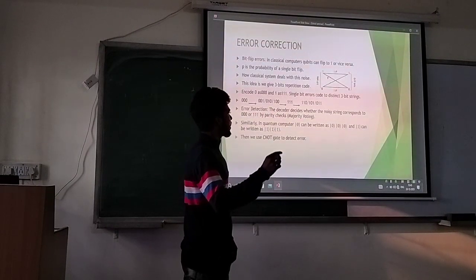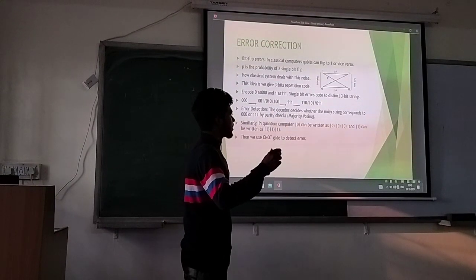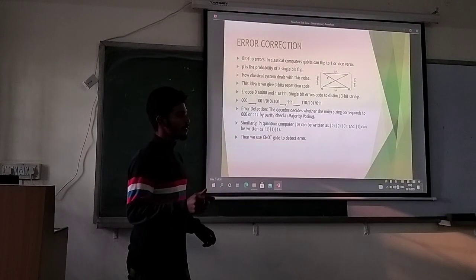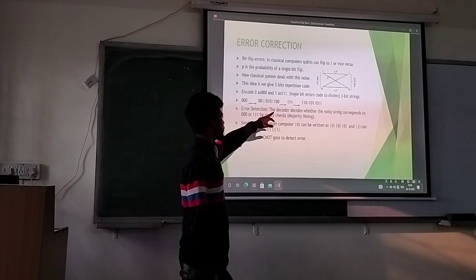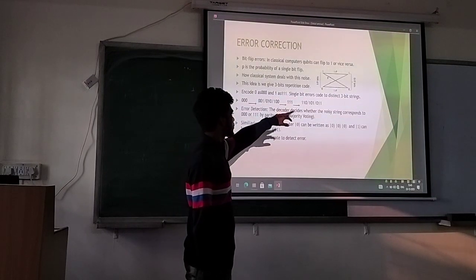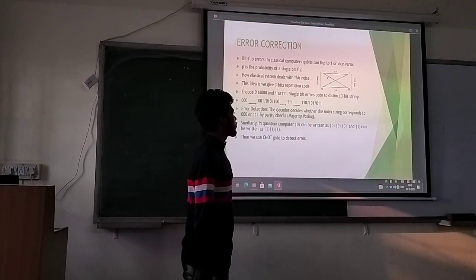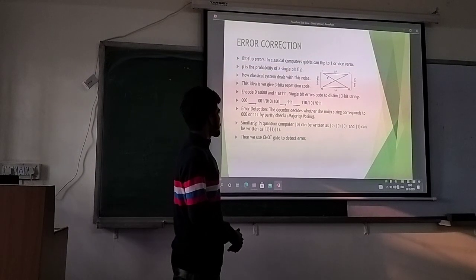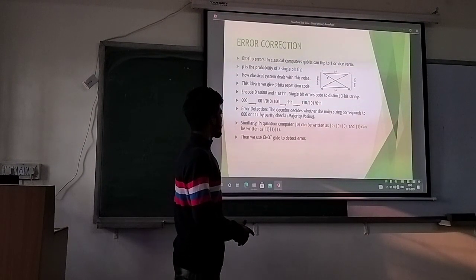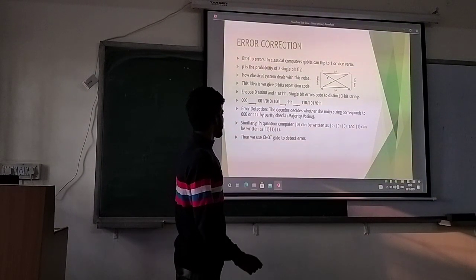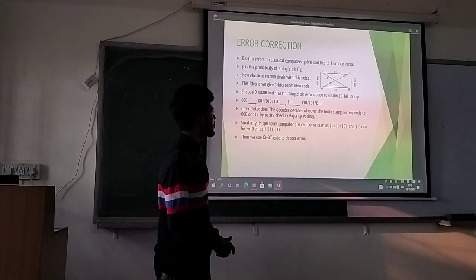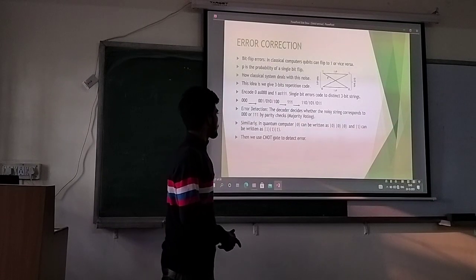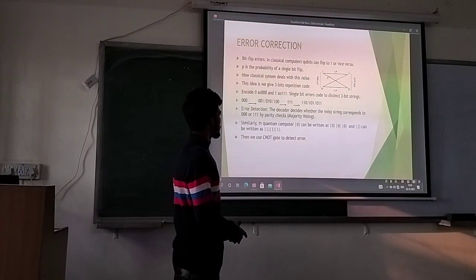If a single bit flips, 000 becomes 001 or 010 or 100. Similarly, 111 can become 110 or 101 or 011. So with only one digit flipped, for error detection the decoder decides whether the noisy string corresponds to 000 or 111 by parity checks.